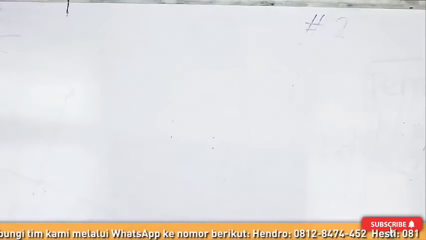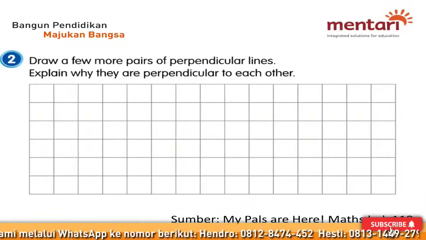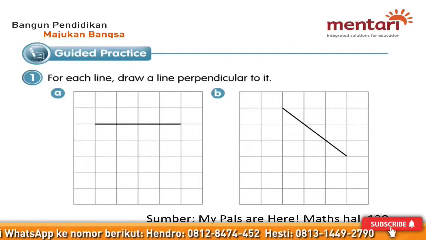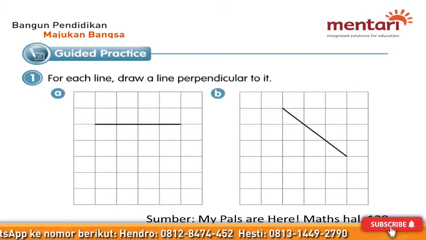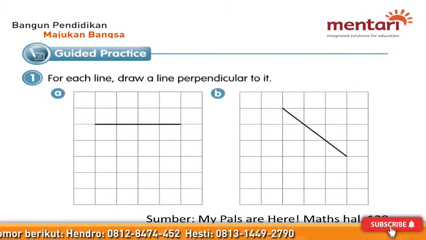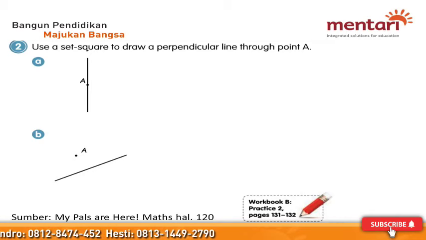All right, so now let's take a look at another kind of lines. We have parallel lines that we need to discuss after this. So what are parallel lines? Let me show you.